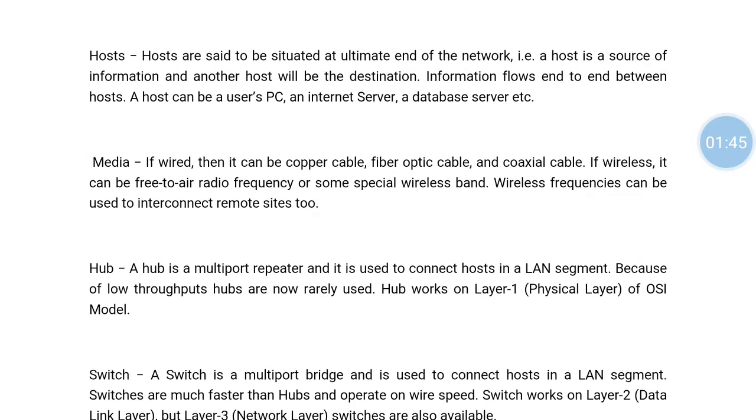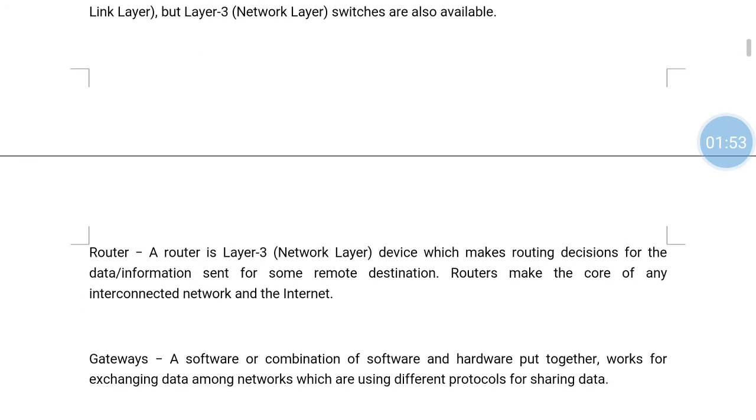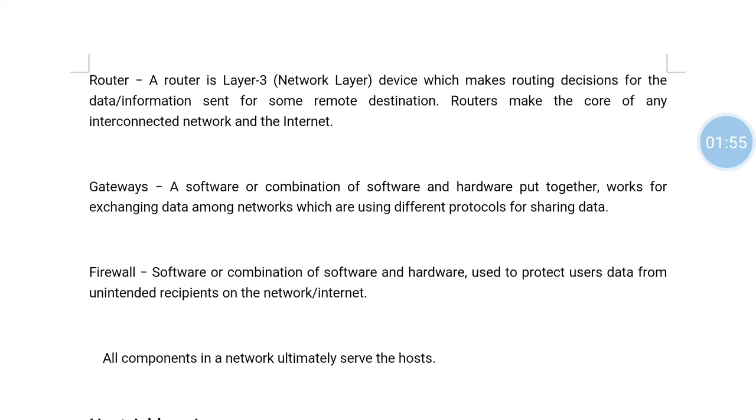A hub is a multi-port repeater, and a switch is a multi-port bridge used to connect the hosts and the LAN segment. So these are the important components we need to form a network and transmit data from one place to another.